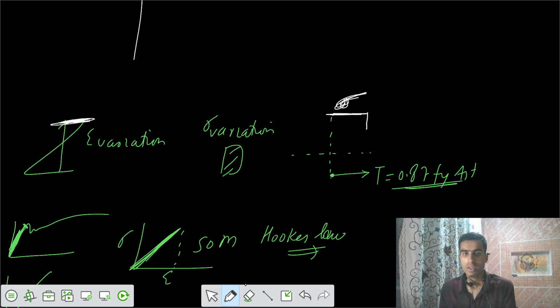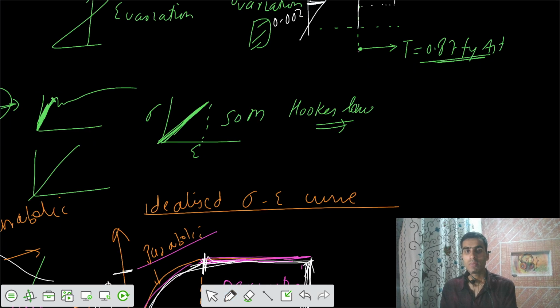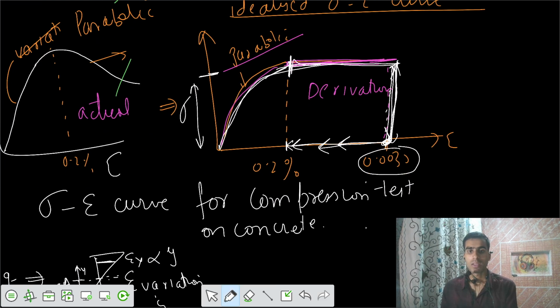If this was your strain diagram, here the strain was 0.0035, and up to the value of 0.002, your diagram is constant. After that, once the strain goes from 0.2% to 0, your variation is parabolic such that it goes to 0 finally. So this is your variation.